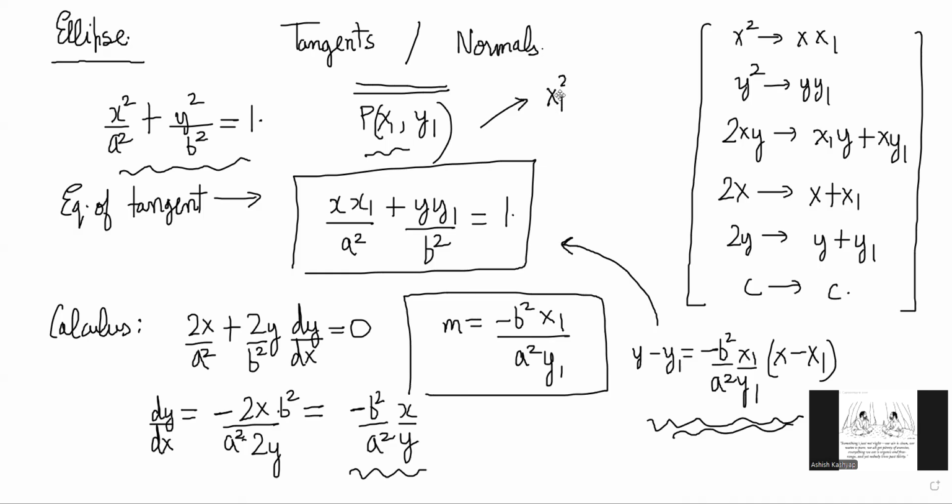Therefore, x1 square by a square plus y1 square by b square is equal to 1. So this gives us two ways to find the equation of the tangent if you know the point where you want to find it, right? Either you do it by calculus or you write directly the form by the replacement method, right?